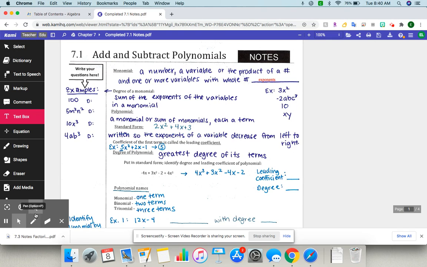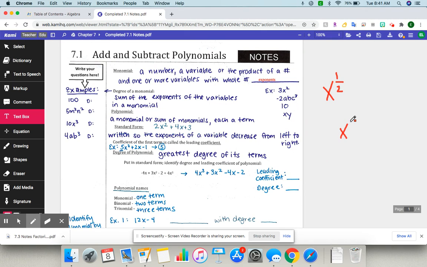Just keep in mind, again, it's got whole number exponents. The 10 works because that is an exponent of 1. Same with x and y, and so on. So if we had x to the 1/2, that would not be considered a monomial.